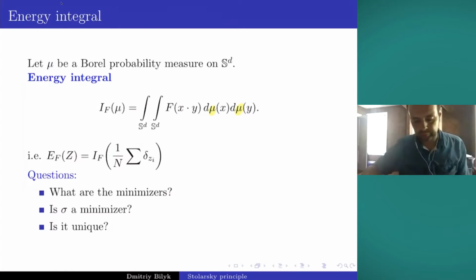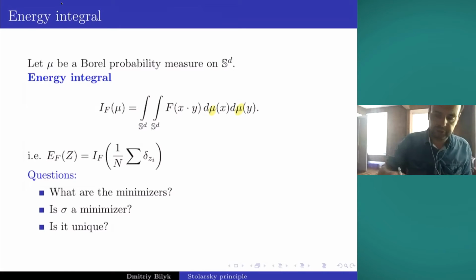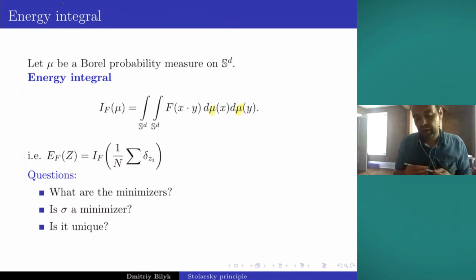And in particular, when we're on the sphere, one very important question about the continuous energy is whether sigma, the uniform surface measure on the sphere, is a minimizer. Because that would mean that in the discrete case, when you minimize the energy, as n becomes large, points become somehow uniformly distributed.